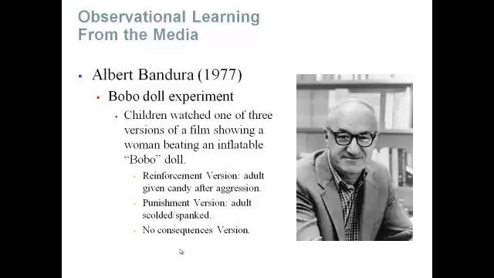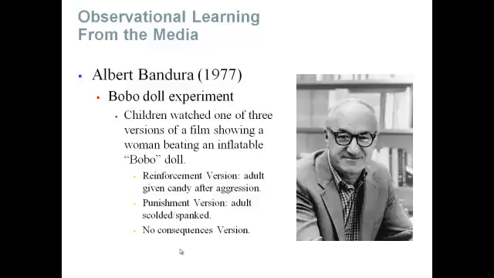In the reinforcement condition, the child most assuredly repeated the behavior that the woman did. The child also repeated the behavior in the no consequences version, but not quite as much as with the reinforcement version. In the punishment version, the children did not repeat the behavior.